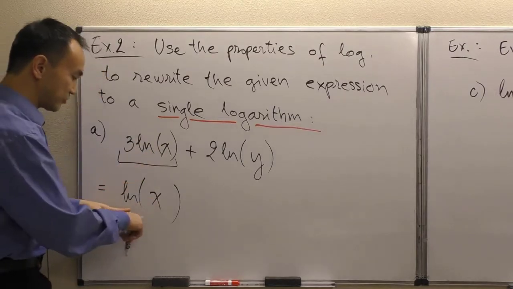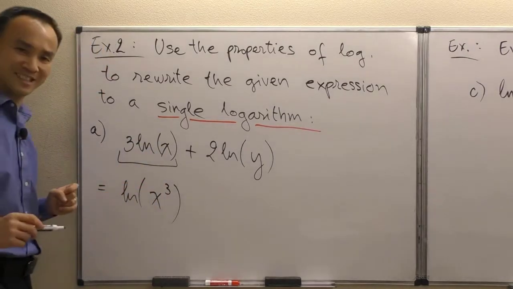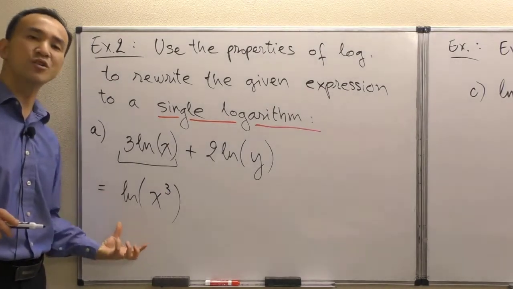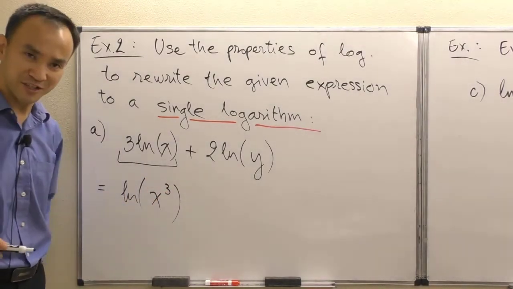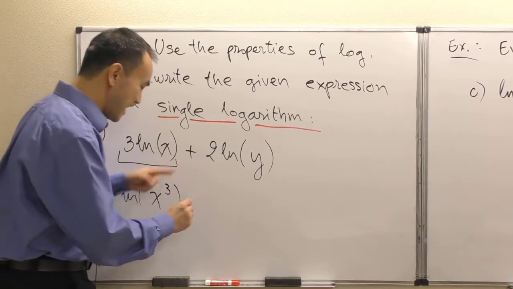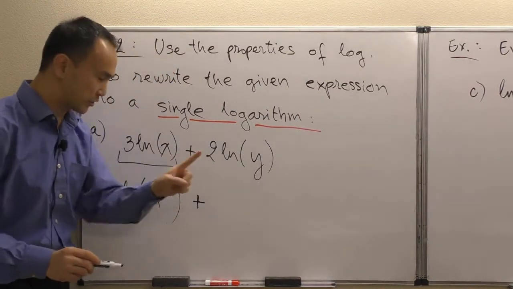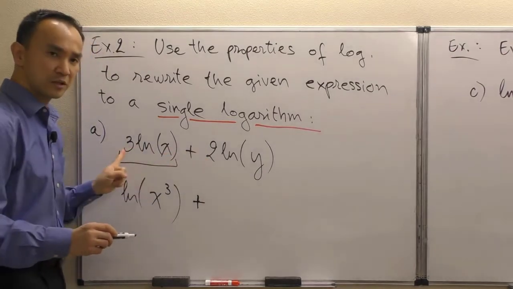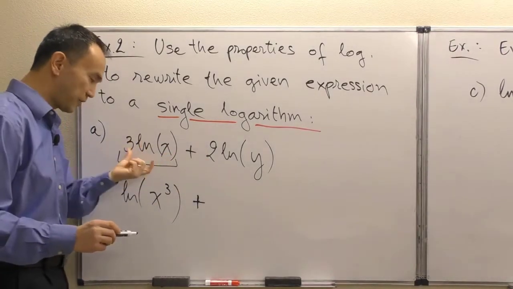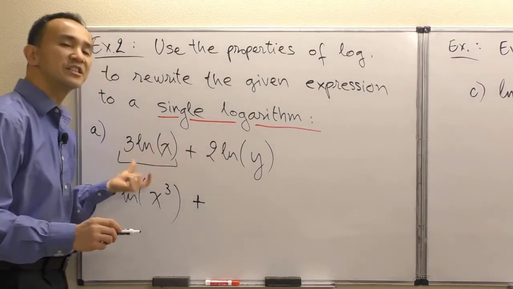So now it's natural log of x cubed. All right, so this is how I use that property number 6. And then still it's adding. So like I said, primarily at this point our goal is to handle the coefficient in front of each of our terms here.